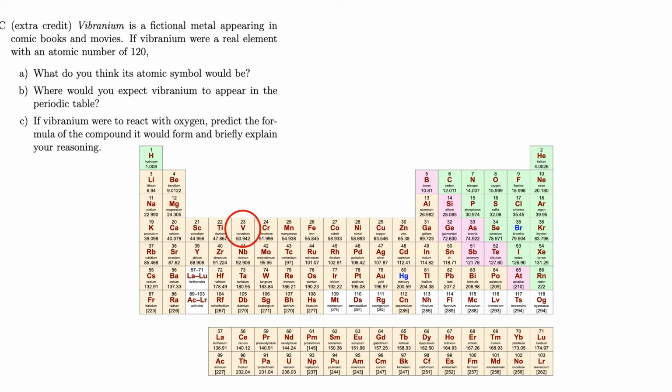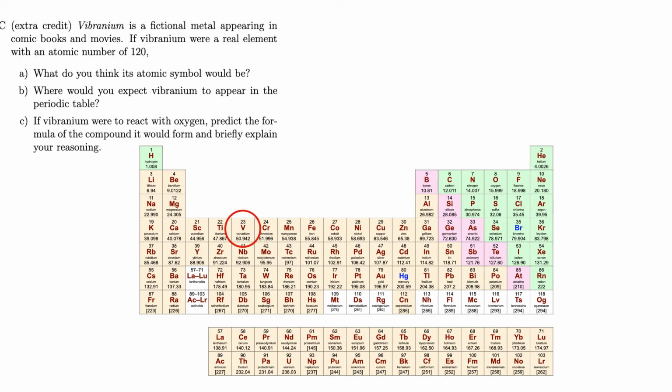Standard practice is that the atomic symbol starts with the same letter as the atomic name. There are certain historical exceptions to that, but all the elements that have been named recently have followed that pattern. So we should probably start our symbol with a V and then have a second letter that helps indicate that it's vibranium.